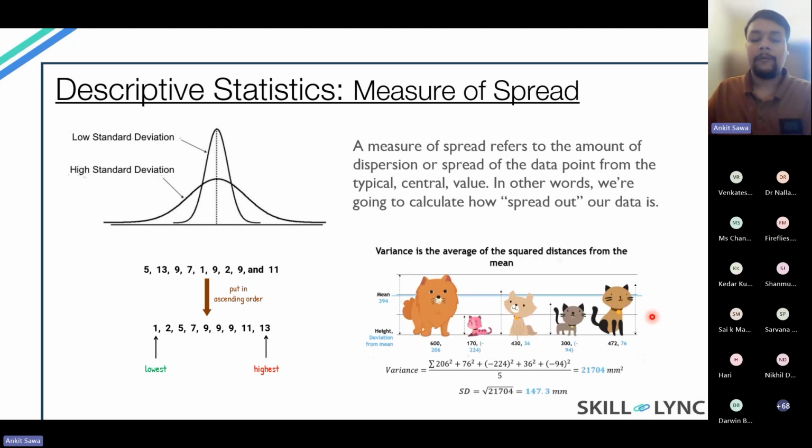Similarly, variance and standard deviation are two related terms. They tell you how much your data varies from the central number, the mean. For example, there are different animals here. The mean value of their height is 394, and all the different animals are of different height.